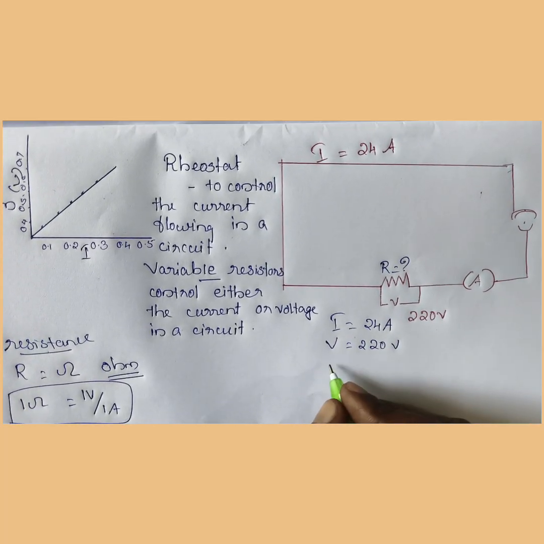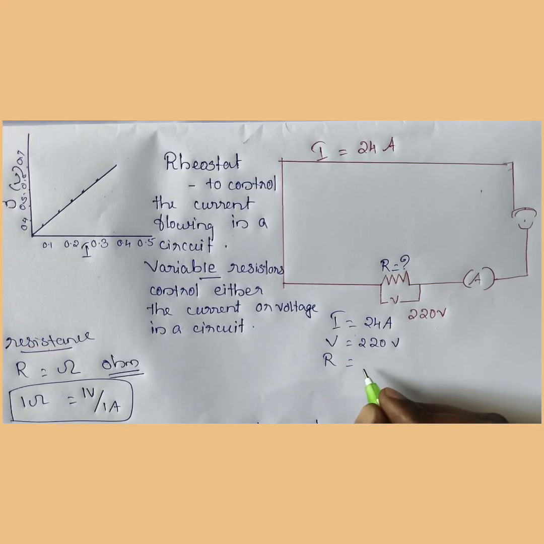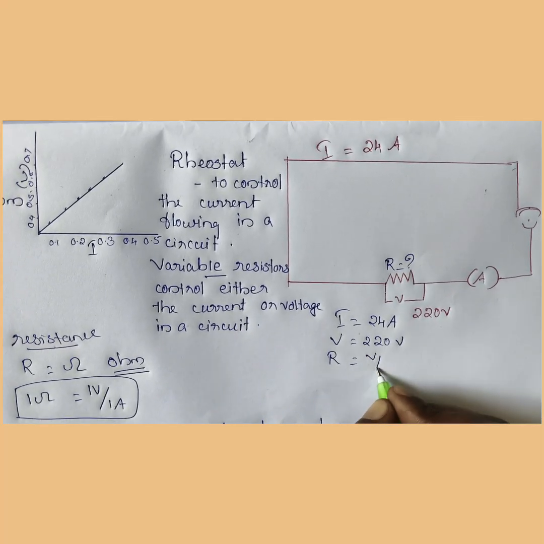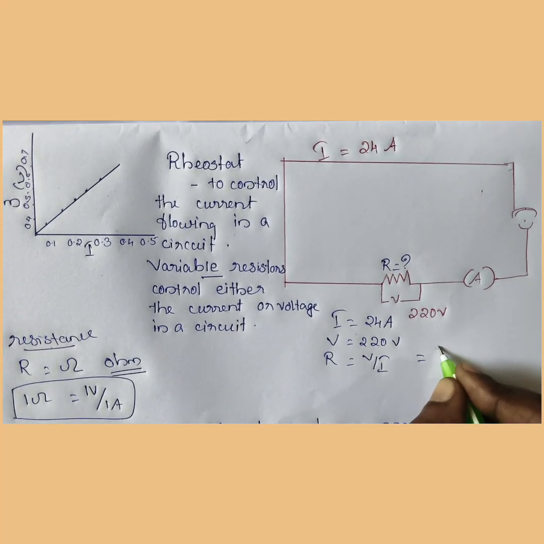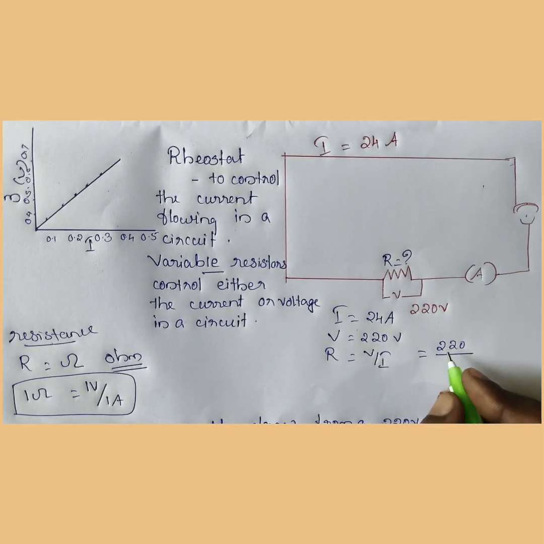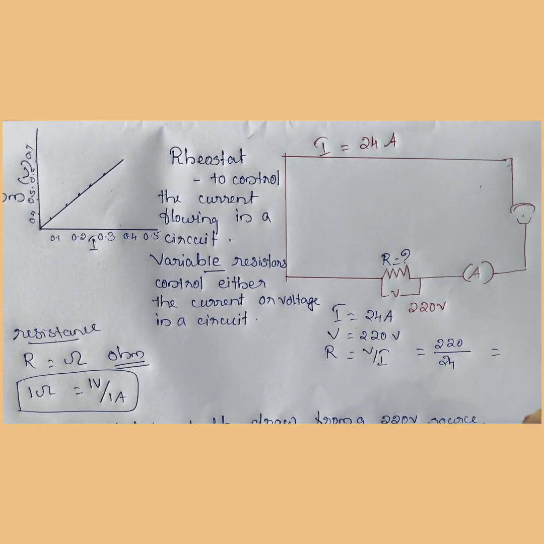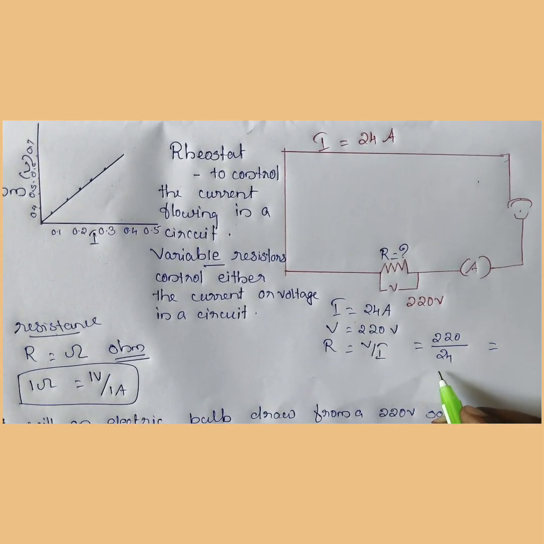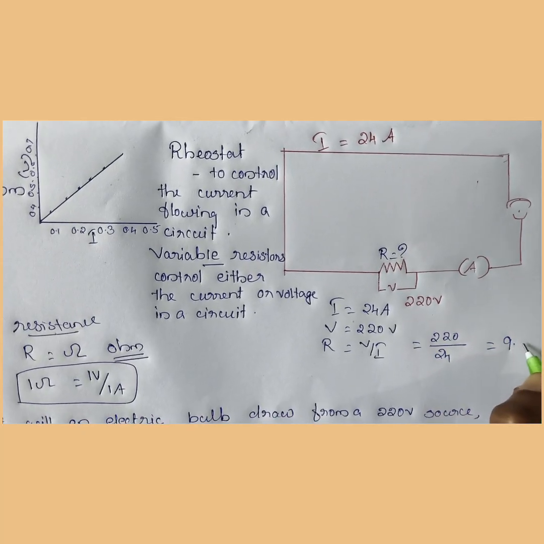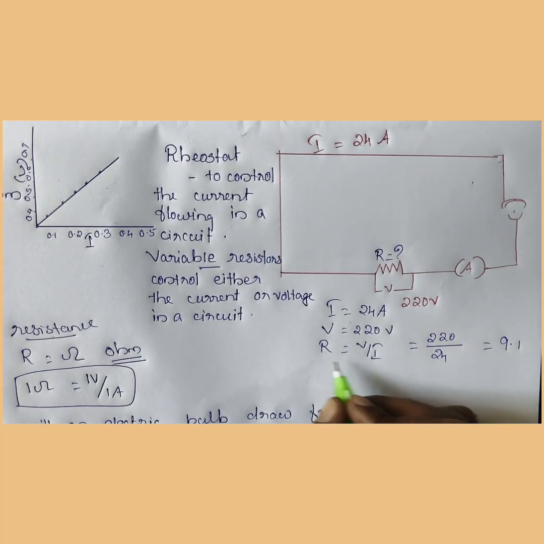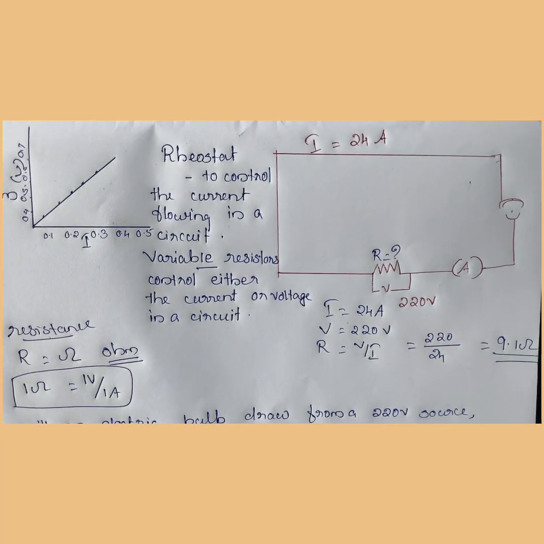Now what we have to find out? R. What is the formula? R is equal to V by I. So 220 divided by 24. When you divide, you will get the answer 9.1. The SI unit of resistance is ohm. So this is the answer.